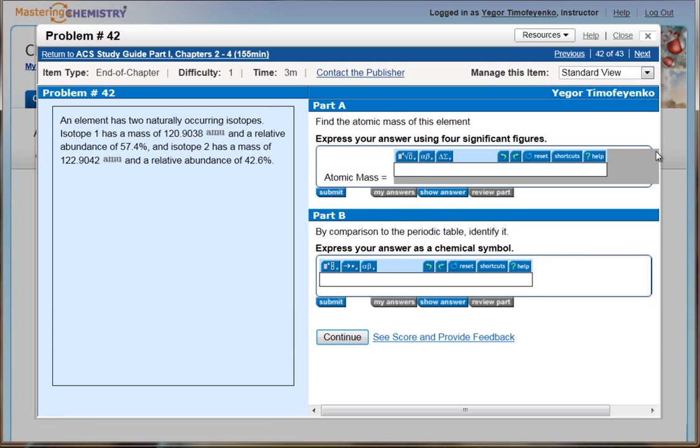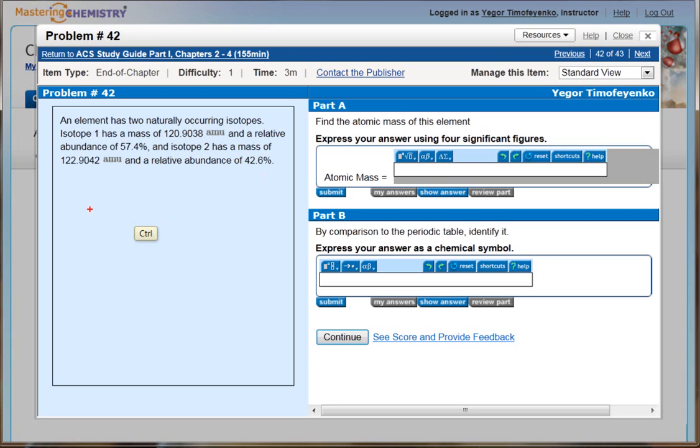So in this case, you have to remember how it all adds up, and that the atomic masses on the periodic table are given to you. We're lucky. So let's read this. An element has 2 naturally occurring isotopes. Isotope 1 has a mass of such and such, a relative abundance of such and such, and isotope 2 has a mass of so many atomic mass units, and a relative abundance of 42.6.